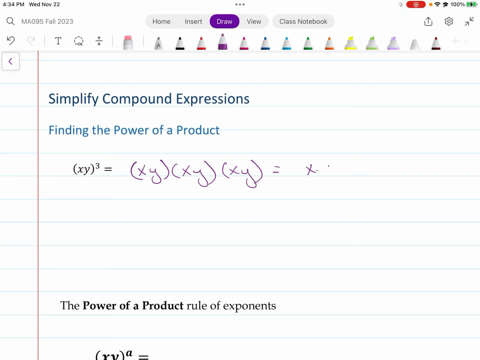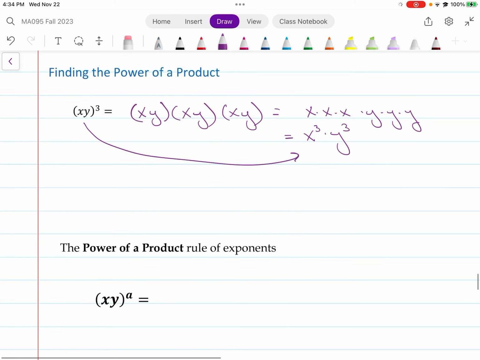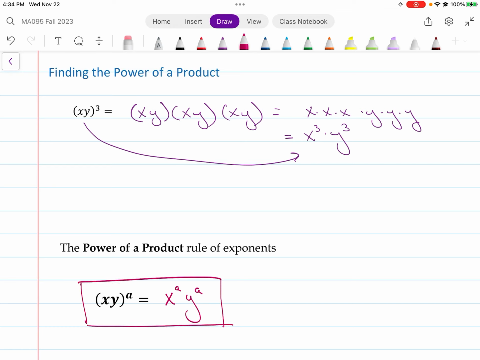So we can say x times x times x times y times y times y, which is just x cubed times y cubed. So our rule is xy to the a is the same thing as x to the a, y to the a. That one is usually a little more intuitive than some of the others because you've probably been doing that in algebra already.